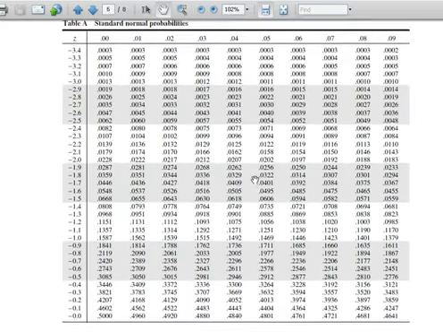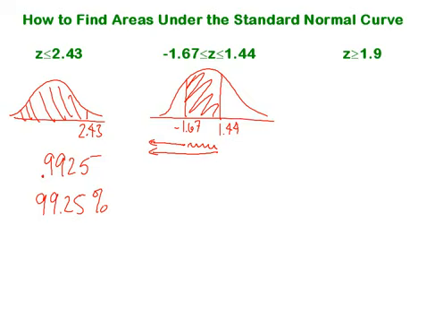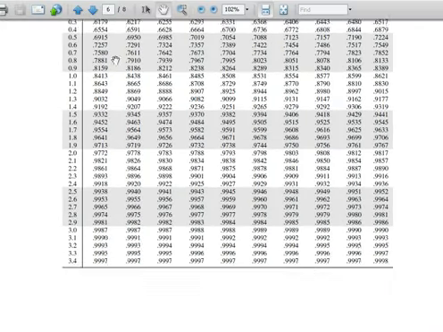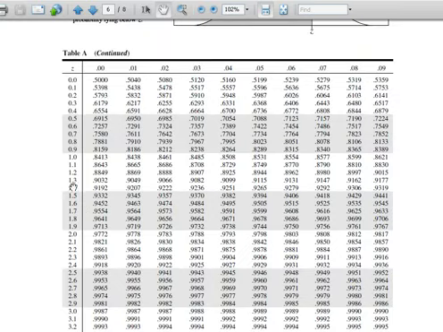All right, and negative 1.67, so here's negative 1.6. I'm going to scroll over to 7, so I have 0.0475. All right, next we're going to look up 1.44. And here's 1.4. Scroll over to 1.44.